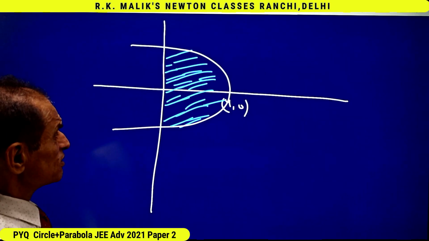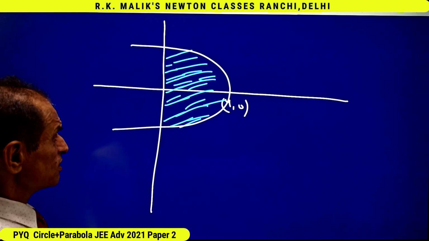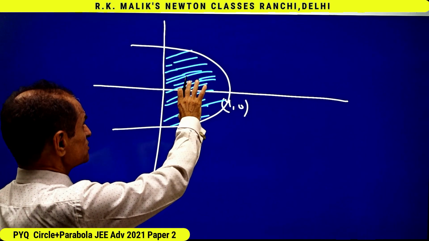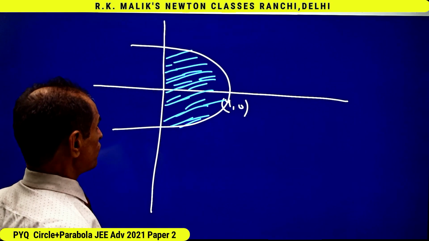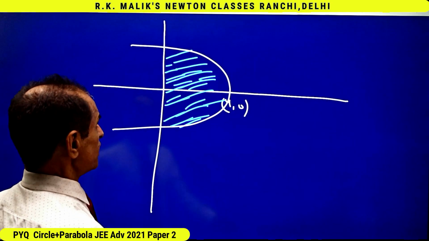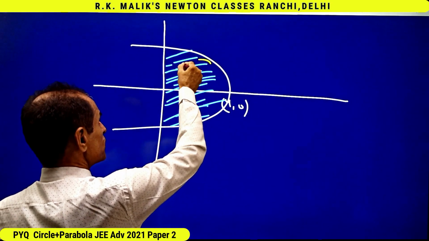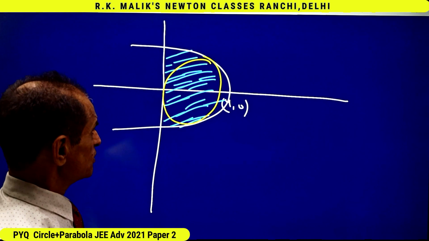It is clear that the circle having the largest radius lying inside this shaded region will touch the y-axis at the point origin. That is, I can say the circle will be of this type.